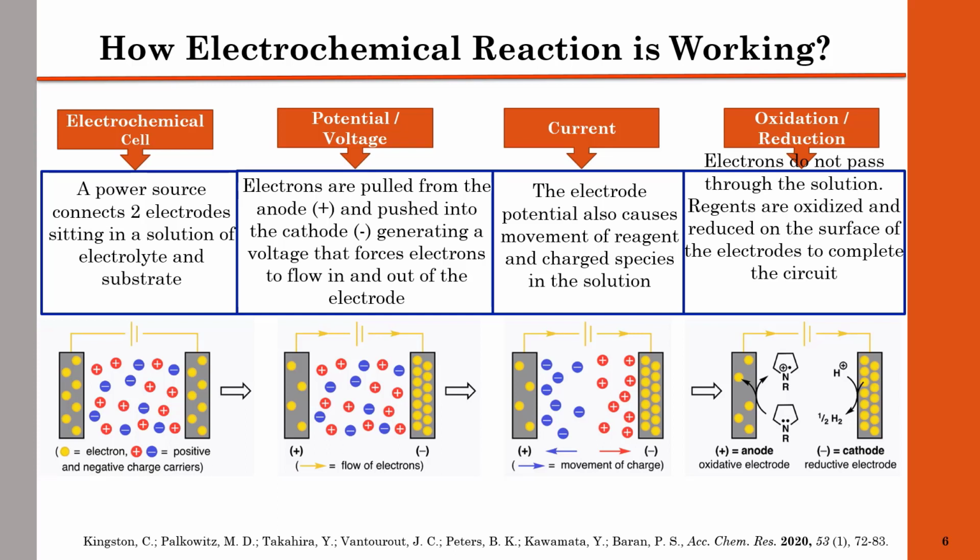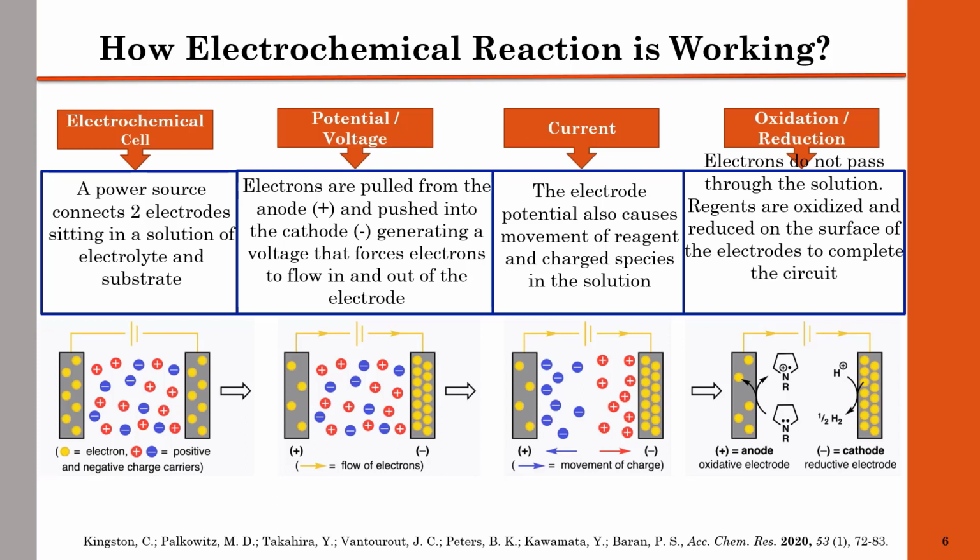In this situation an electrode potential is generated between these two electrodes, and this electrode potential helps the redox reaction.